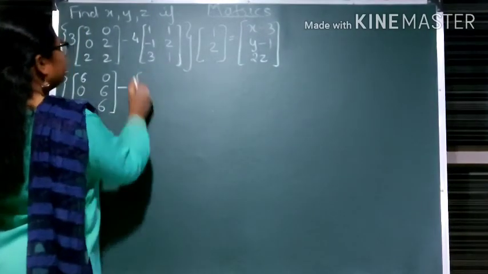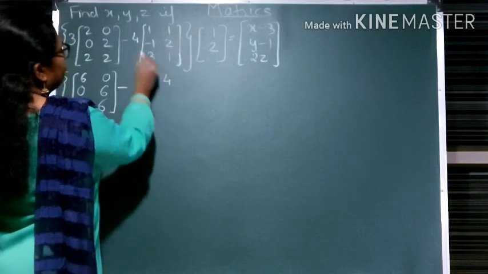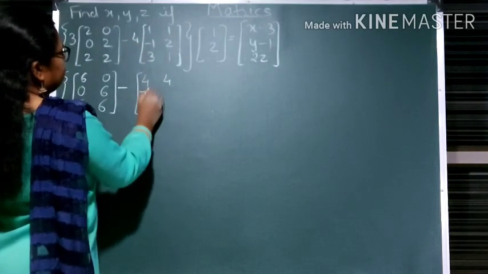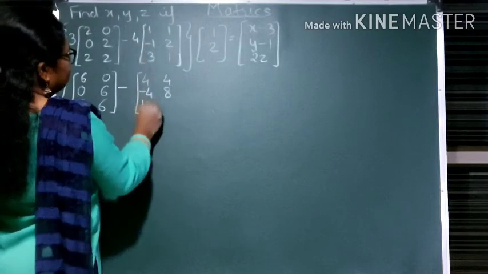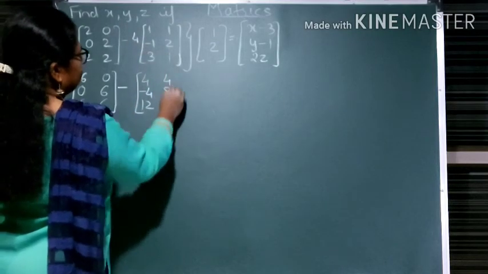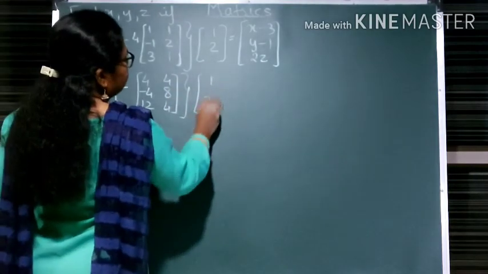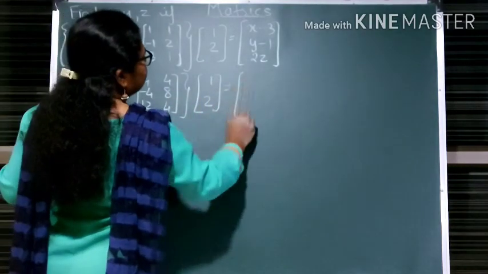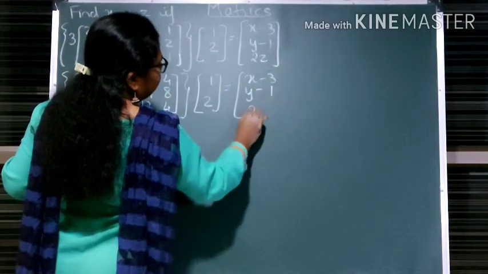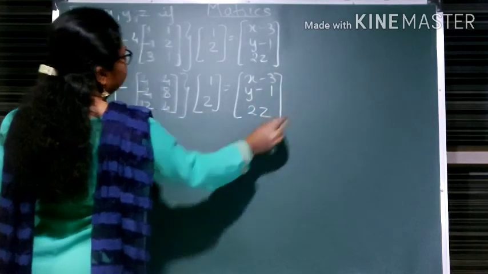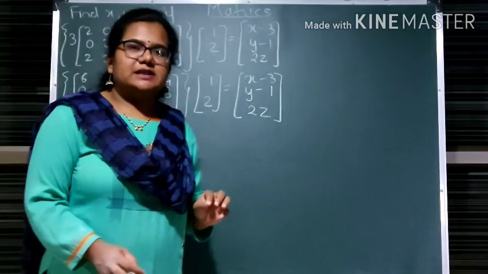So 4 into 1 is 4, 4 into 1 again 4, 4 into minus 1 is minus 4, 4 into 2 is 8, 4 3s are 12 and 4 into 1 is 4. Close the bracket. Into 1, 2 is equal to x minus 3 first row, y minus 1 second row and third row is 2z. So always go to the scalar multiplication step first.